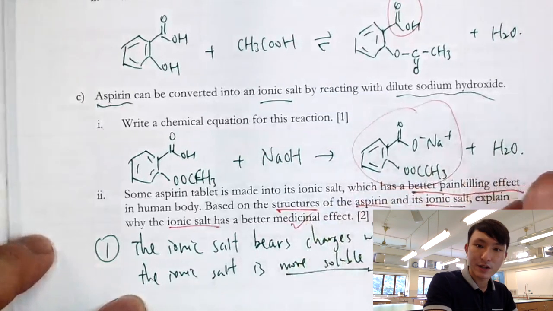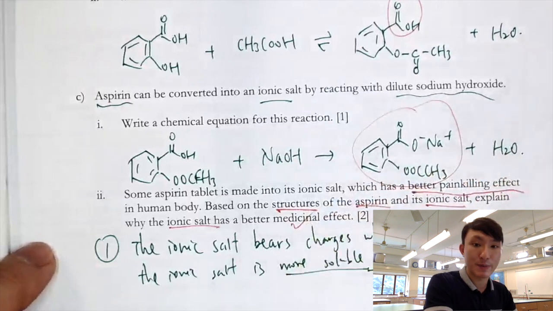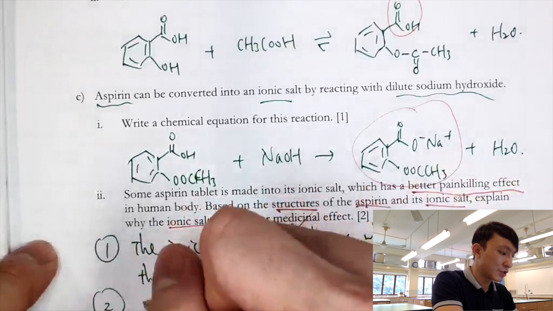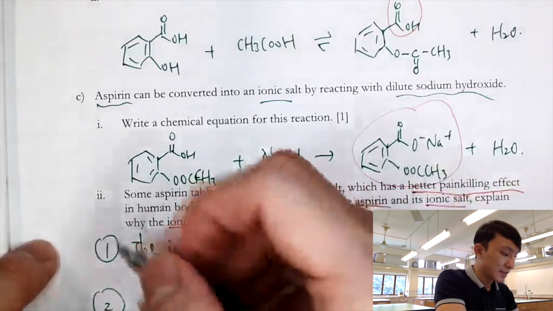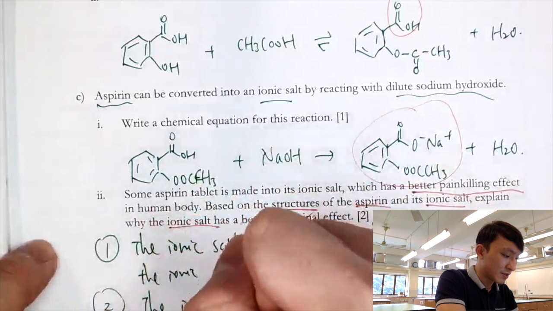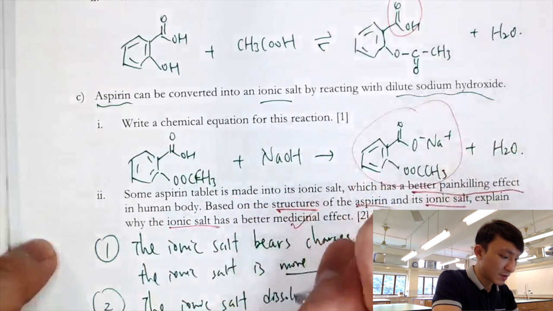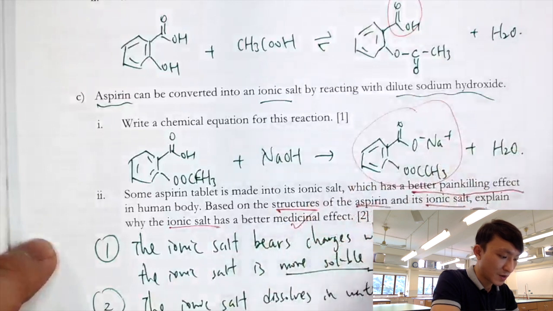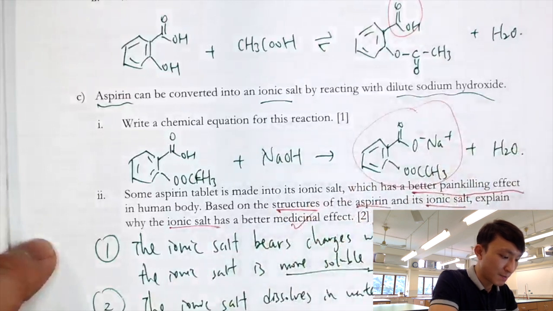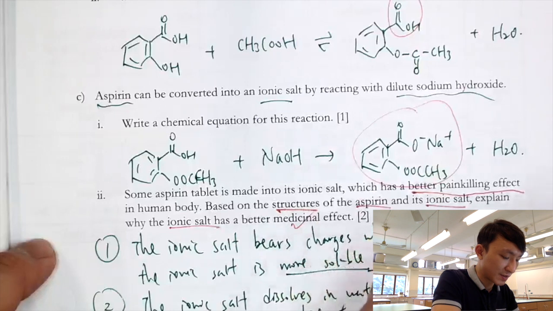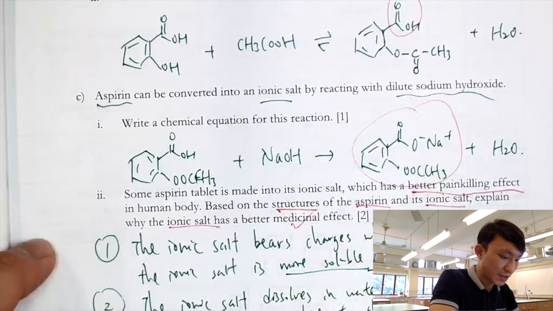Okay. So how does it lead to a better medicinal effect? Then you will tell me that, in the simplest way, the ionic salt dissolves in water of blood better, thus reaching to the site of effect faster.